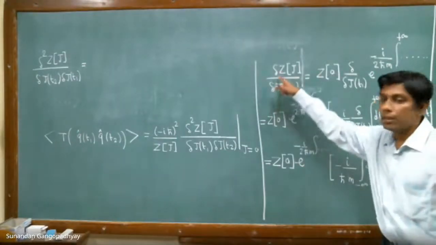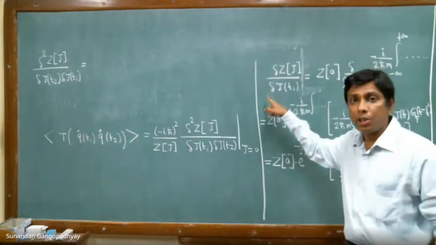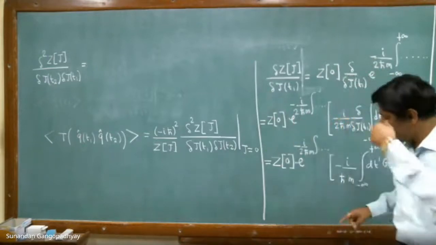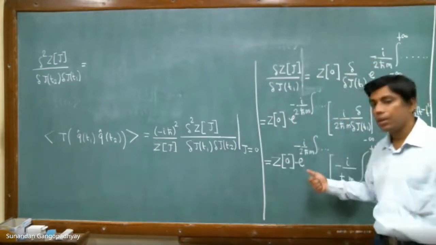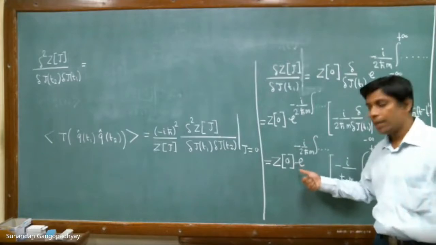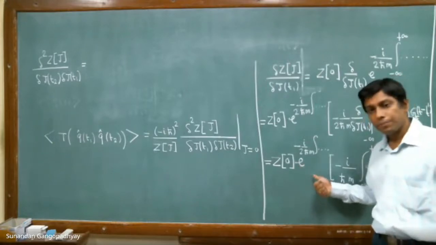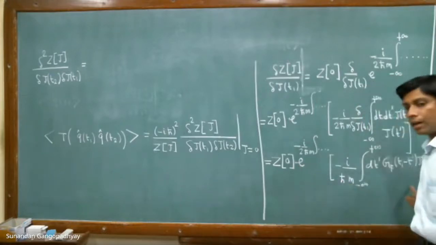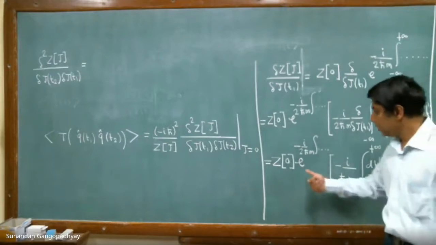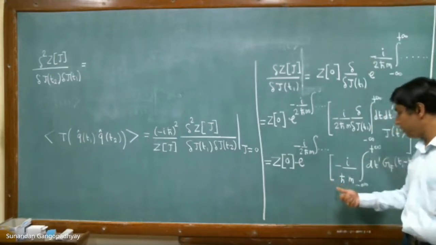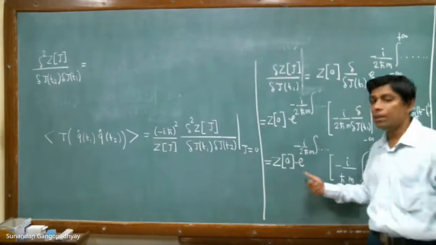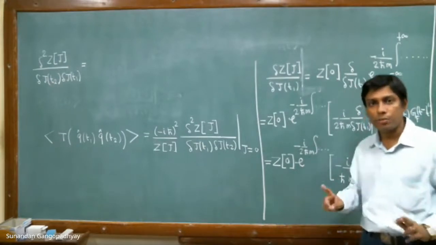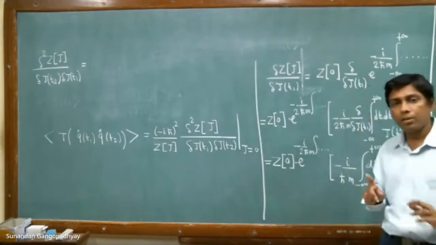I am differentiating this term with respect to J(t2) now. So by the Leibniz rule, this will give us 2 terms. Once J(t2) will act on this term, and this will remain untouched. Plus J(t2) will act on this term, and this will remain untouched. So there are 2 terms. Let us concentrate on the first term.